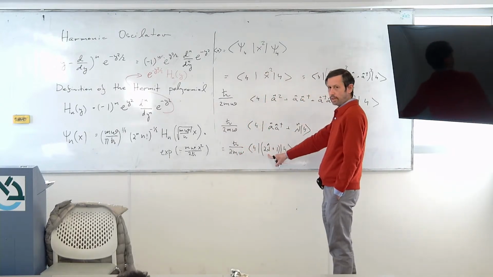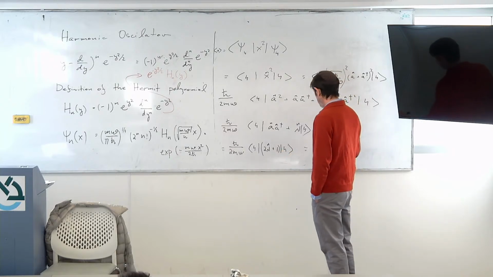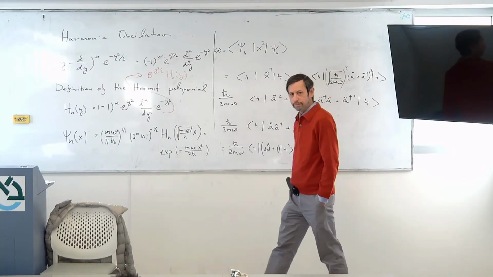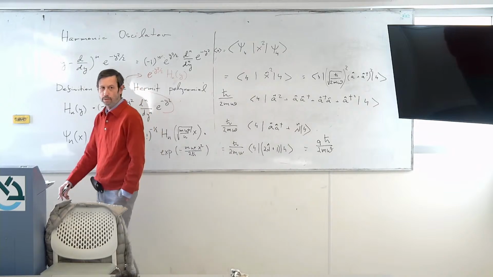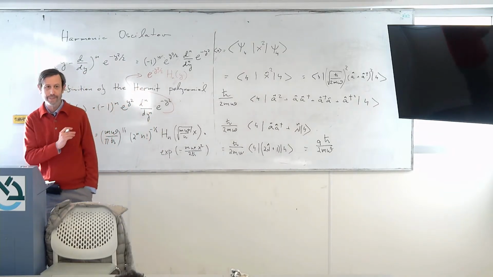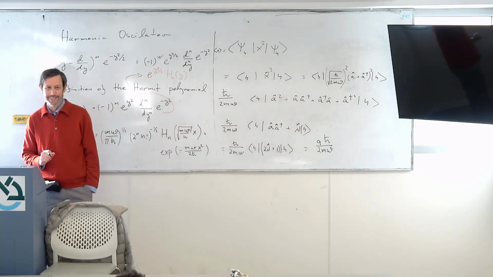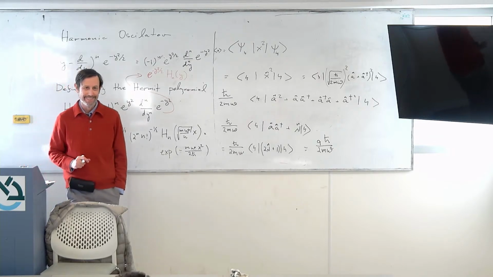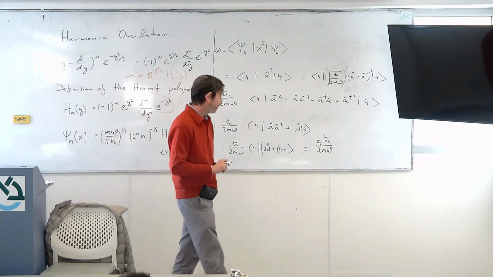So 4 times 2 is 8, 9. And good luck to you performing the integration and coming out with the correct prefix. Even if you did, you got that it's not 0.